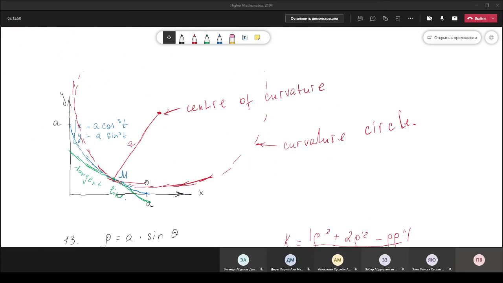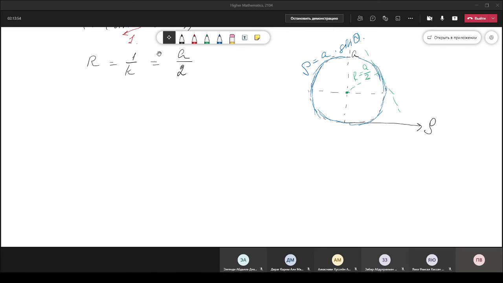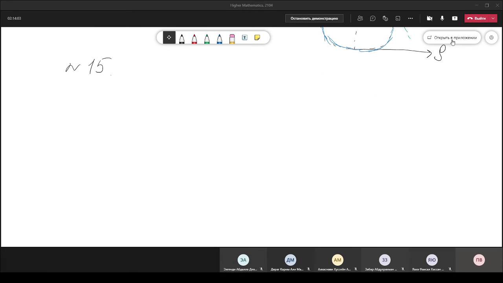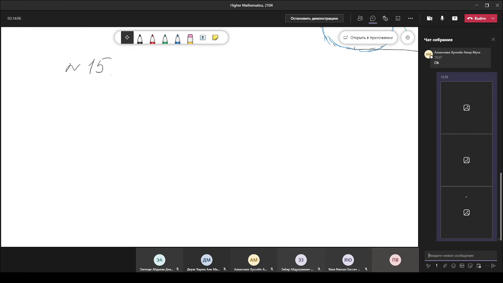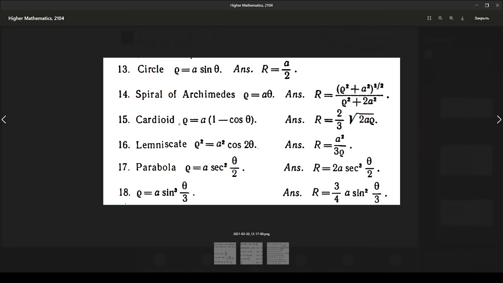Next number, it will be 13. Yes, 13. 15. Number 15. What we will have. Number 15. Cardioid. Rho is A times 1 minus cosine of theta.